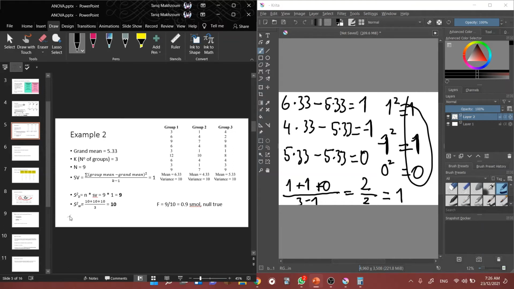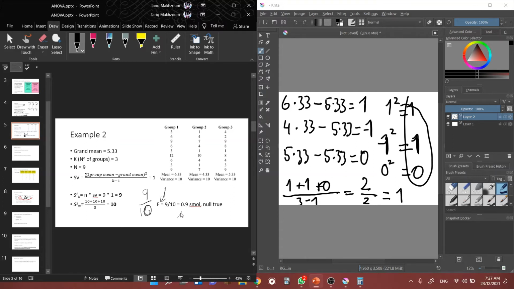And then our within group variance, again, is we take the average of each of the variances for each group, and then we find the average of those. So that's going to be 10 plus 10 plus 10 divided by 3, which is equal to 10. And then we take our between group variance divided by our within group variance to get our ANOVA value, which is F. And that's going to be 0.9 in this case.